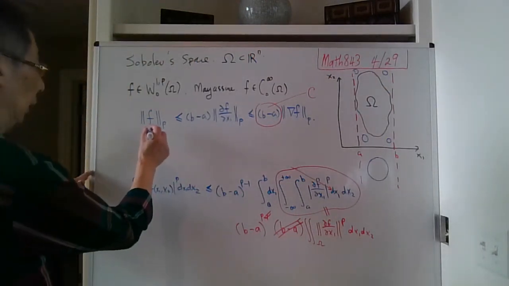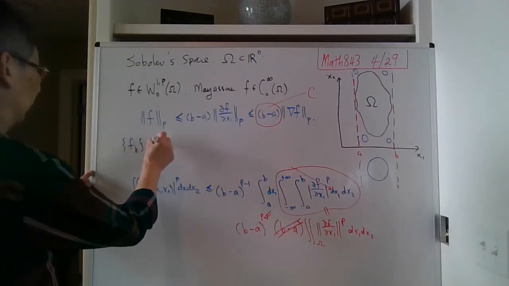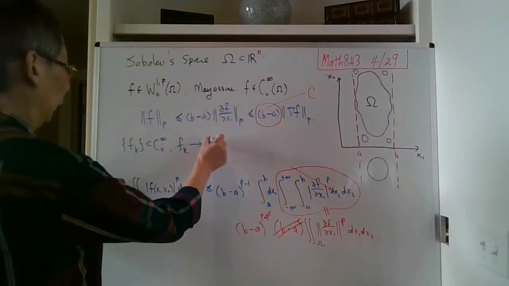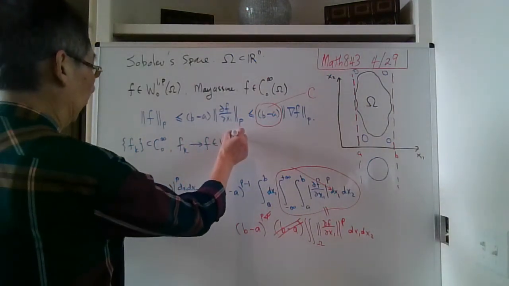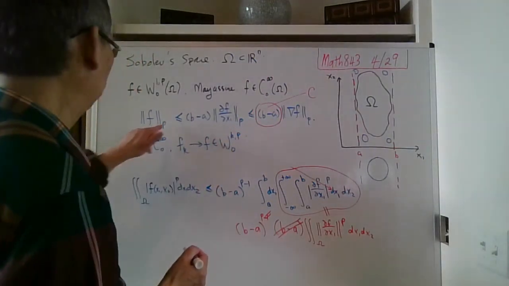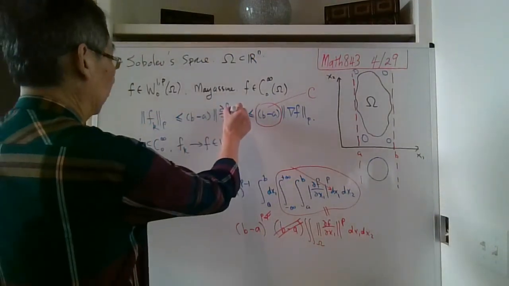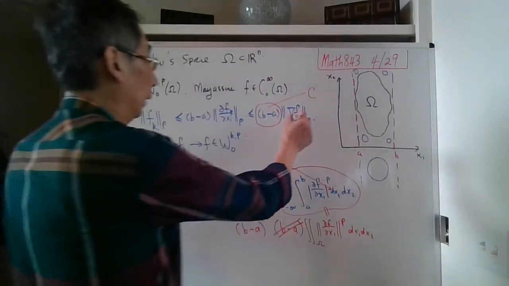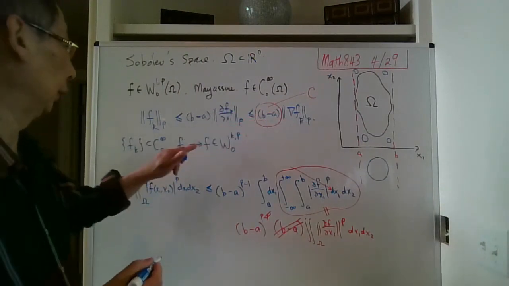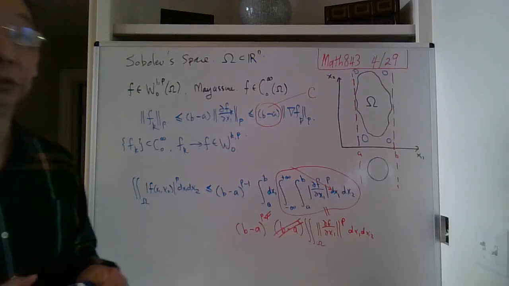Letting fk in C0 infinity, fk converges to f in W0^{1,p}. Use this limiting process and letting k go to infinity, this is going to be true for every k, right? So then as k goes to infinity, you can establish this same inequality for any function in W0^{1,p}, for these weak functions. So that's a proof for the two-dimensional case.